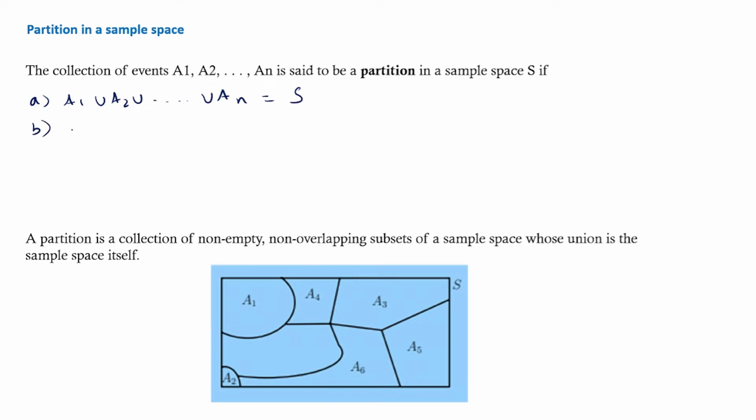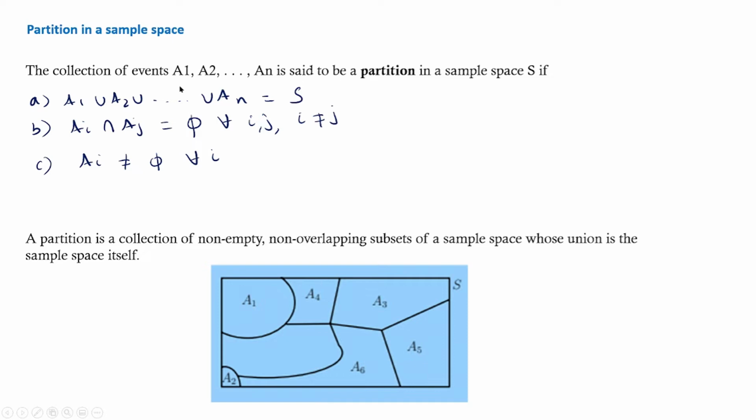The second condition is Ai intersection Aj equal to phi for all i, j with i not equal to j. And the third condition is Ai not equal to phi for all i.